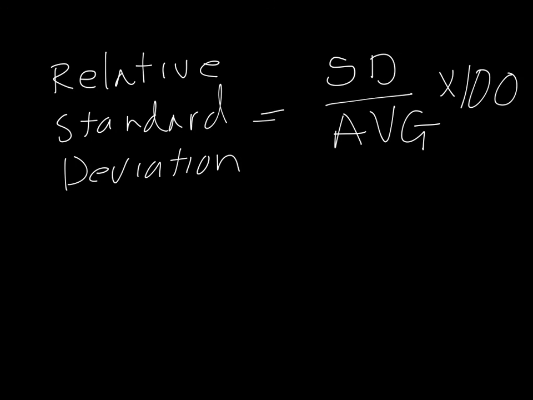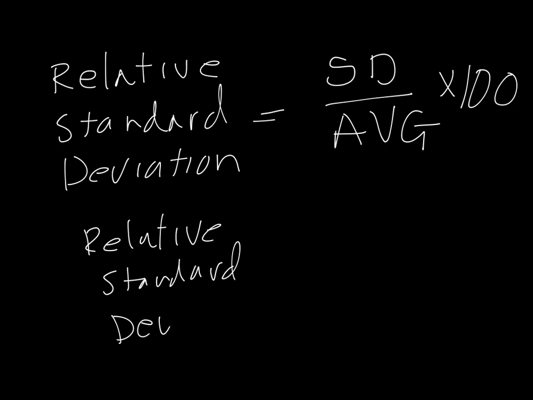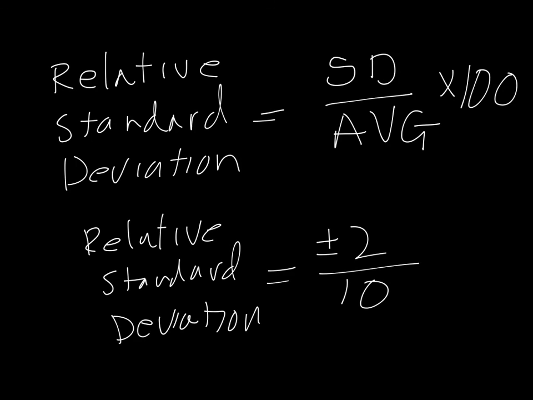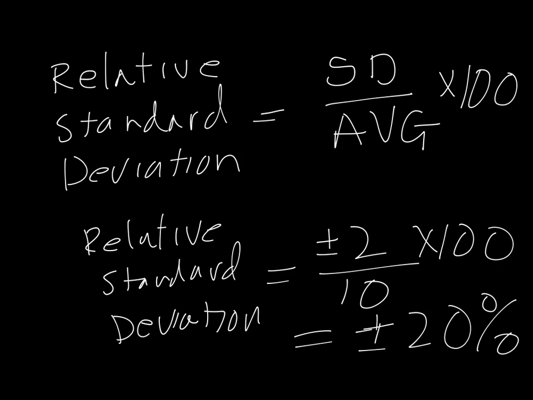For our model here, your relative standard deviation would be plus or minus 2 divided by 10, which is your average, times 100, or plus or minus 20%, right?